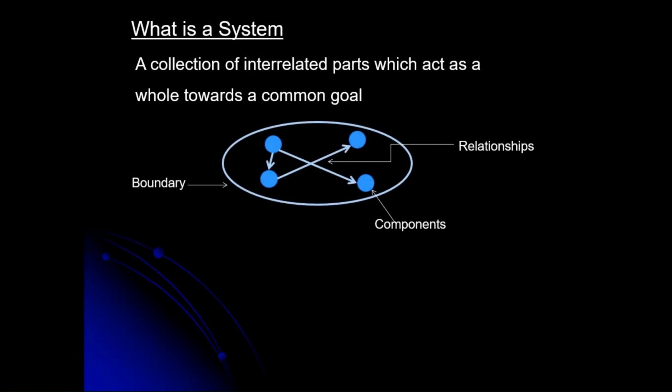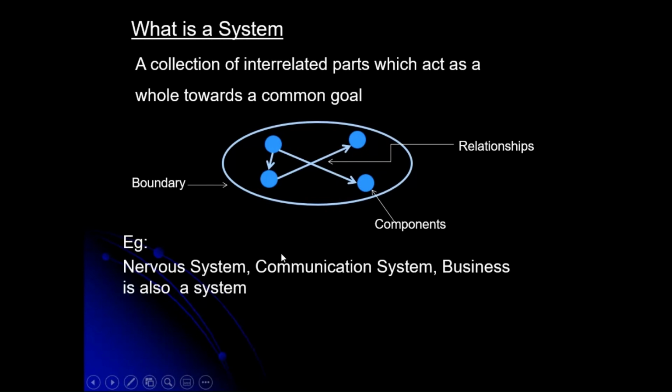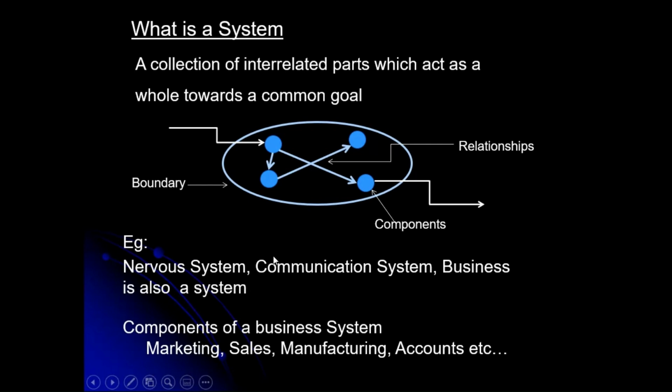Right? So if you see this, here you have a set of components. These components are interrelated, working together to achieve a common objective. And a system takes inputs from the external environment and releases outputs to the external environment.